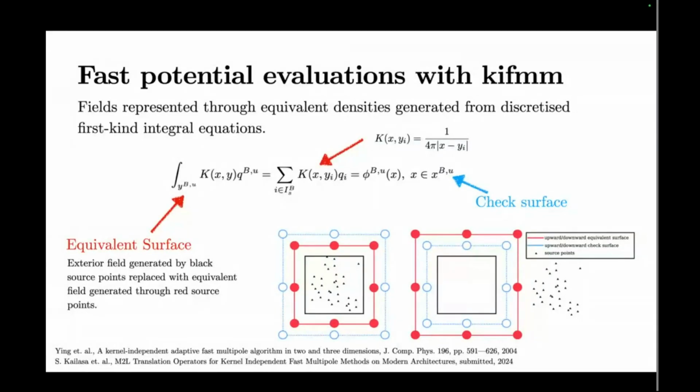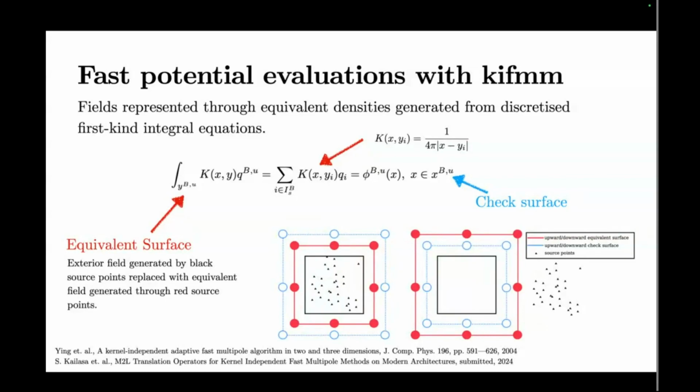Essentially it's a kernel-independent FMM where we represent a number of point charges inside an octree box by equivalent charges on the surface of the box, where the number of equivalent charges is independent of the number of charges you actually have in the interior.